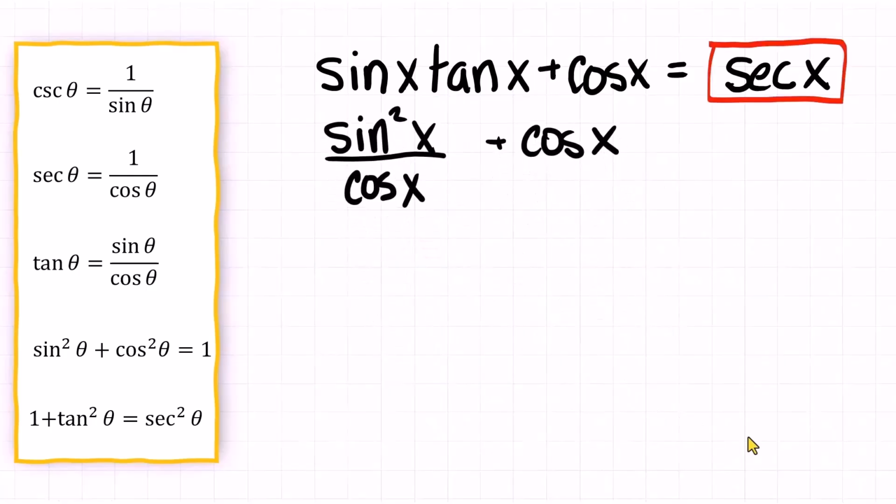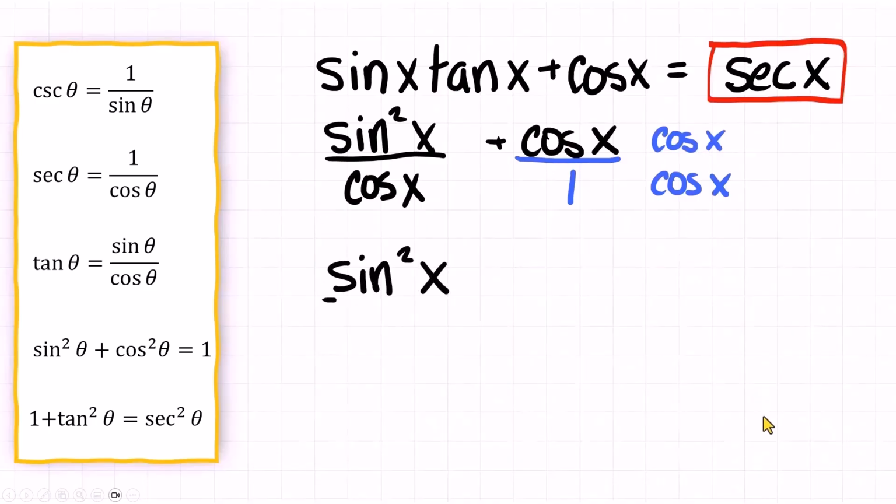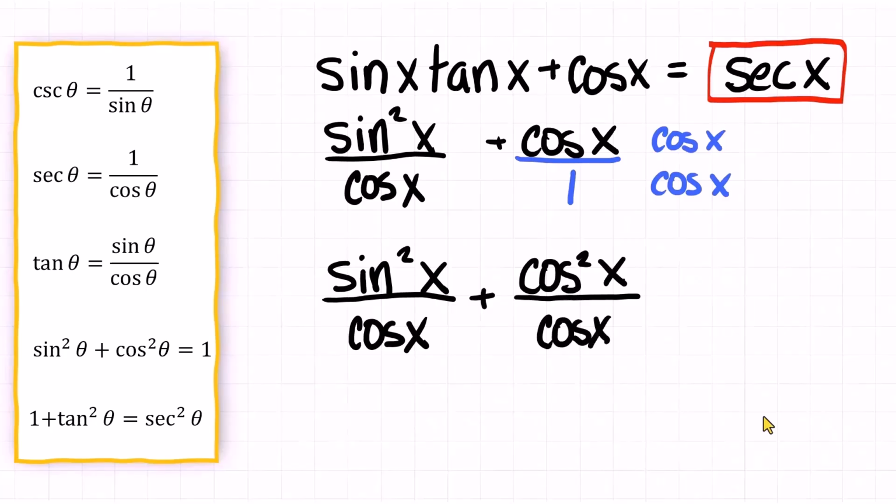Now, I actually need to add these together, but they don't have a common denominator. So cos x over 1, and then I have to take the top and the bottom times another cos x because I need a cos x on the bottom to be able to add it to this. What you're going to end up with here on the top when I do it is cosine squared x. So I'm going to just write it out.